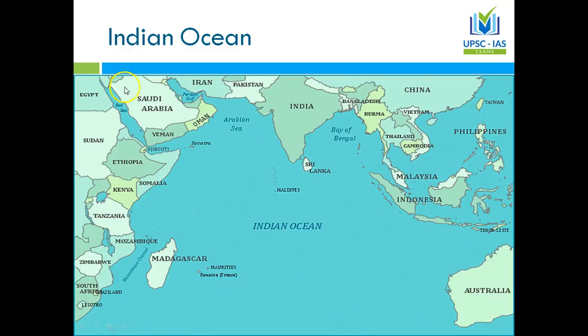You will find that it is this part: Saudi Arabia, Oman, UAE, Bahrain and all these countries which are located here. So all the oil would be traveling from this part. Generally speaking, it travels from this part rather than this part.